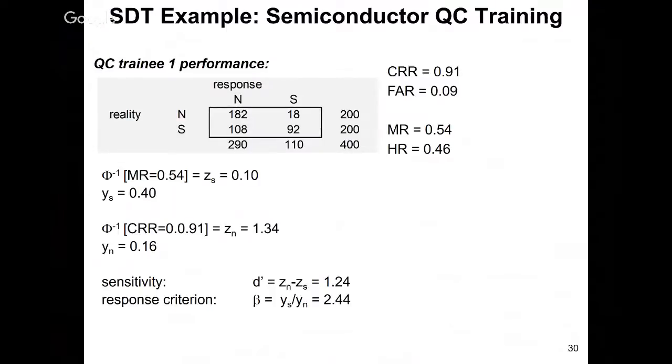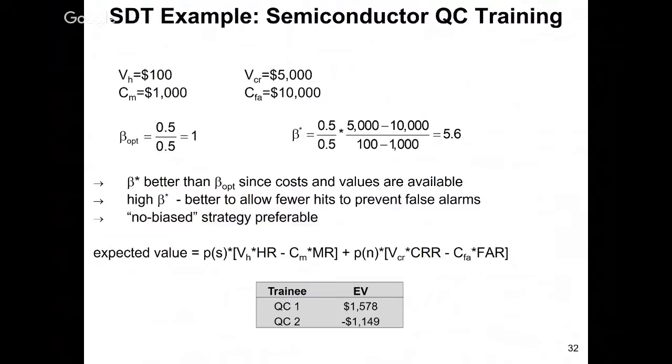Intern 1 doesn't have quite so many false alarms, and so they're probably going to value that more based on their beta prime here, 5.6. It's better to allow fewer hits to prevent the false alarms in this case. So a no-bias strategy is preferable.